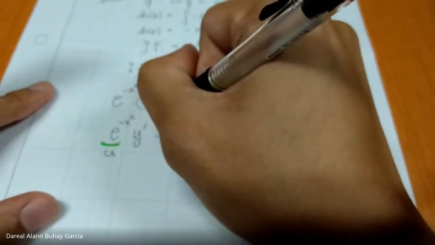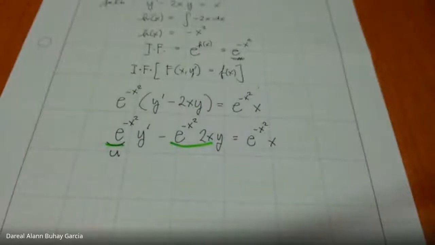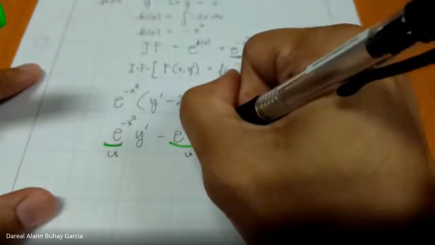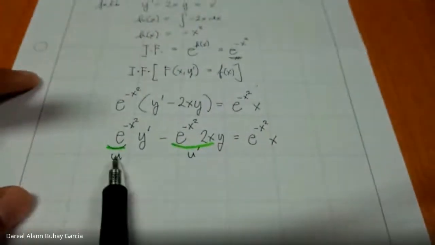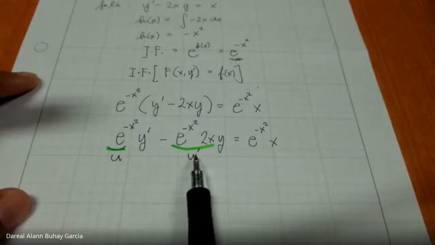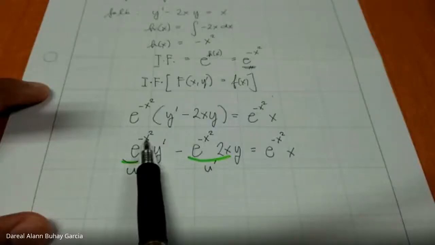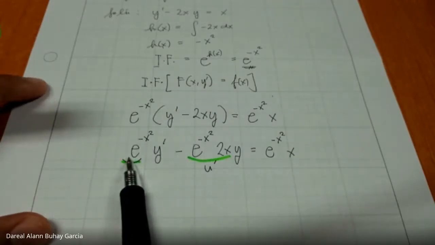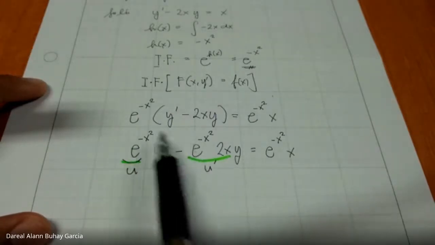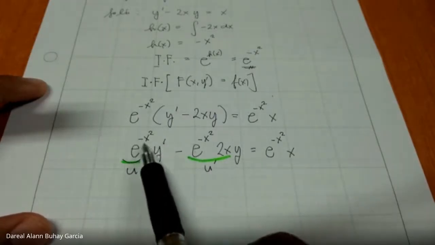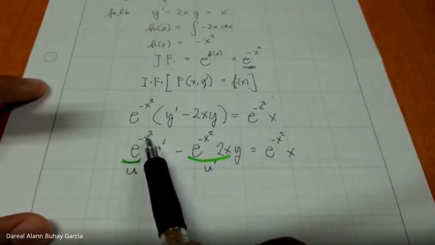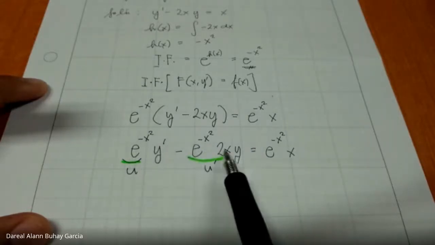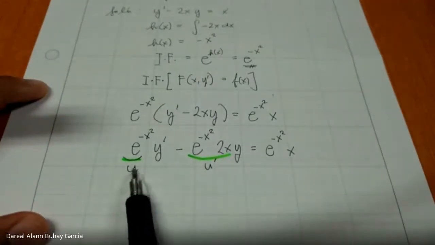You can see u and u prime. The first derivative uses the chain rule: e to the power of negative x squared is an exponential function, so its derivative is the same times the derivative of its exponent. The derivative of negative x squared is negative 2x. So you can see u, then u prime.